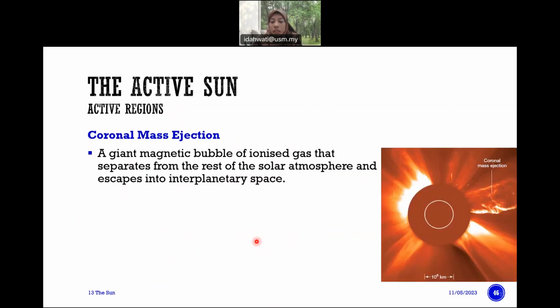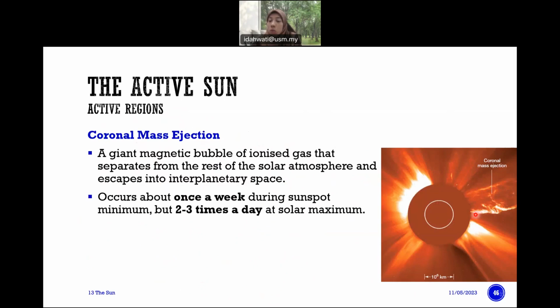Okay, so next one we have CME, okay, the coronal mass ejection. It's a giant magnetic bubble of ionized gas that separates from the rest of the solar atmosphere and escapes into interplanetary space. Okay, so this is the CME. You can see this figure. Okay, so it occurs about once a week during the sunspot minimum, but 2-3 times a day at solar maximum.